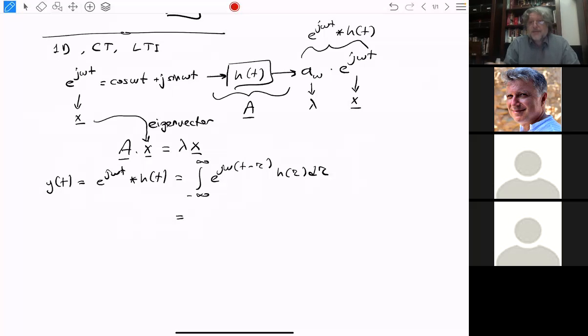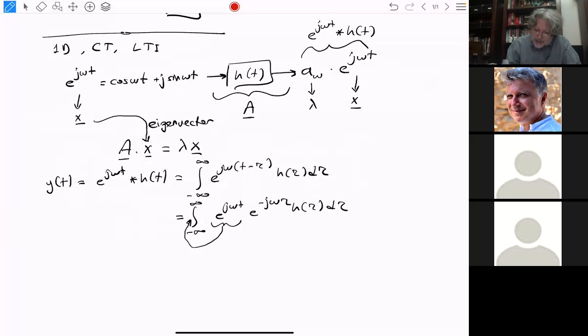And from there, I can split the exponential into two parts, e to the j omega t, e to the minus j omega tau, h of tau d tau. Okay, I can write it like this. And the integration is all over tau. So this one is independent from tau and it can be taken out.